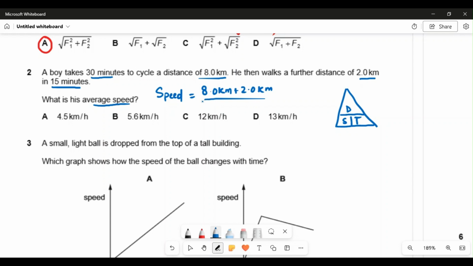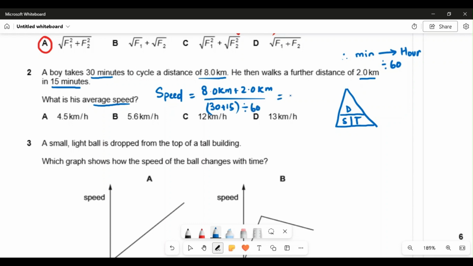But you have to remember that these are minutes, and to convert minutes into hours we need to divide by 60. So the total minutes, I can write 30 plus 15, and I will divide it by 60.